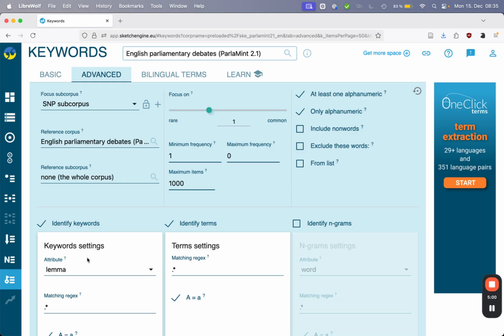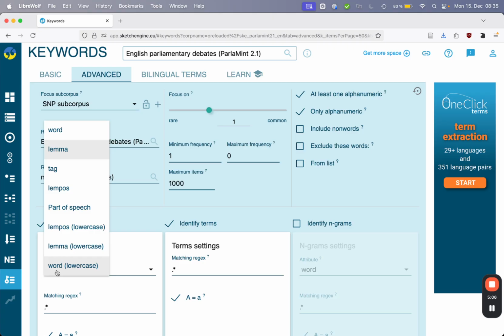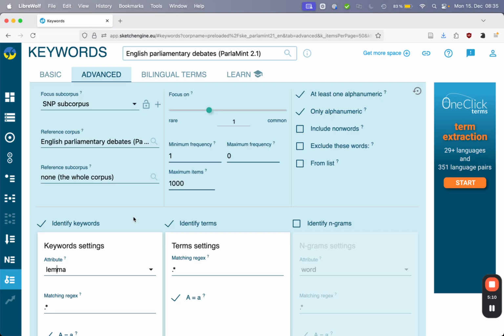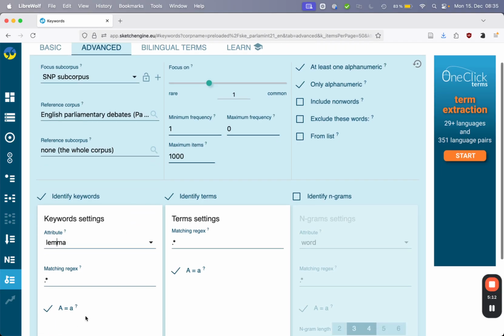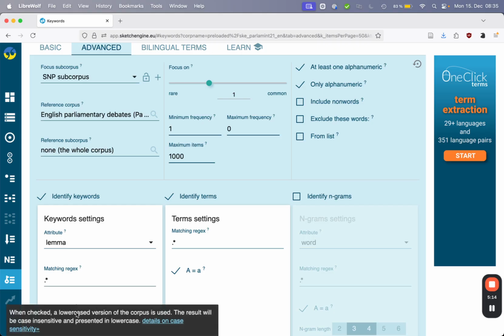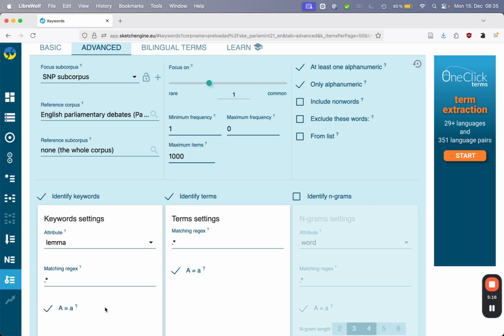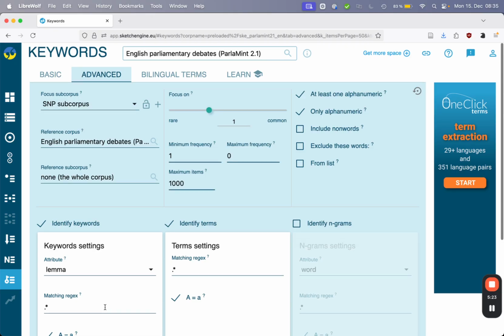The keyword setting, I'm taking lemmas. That means that I'm actually looking for key lemmas rather than key word forms, but there are different options available. I'm going to stick to lemma, and my search is going to be case insensitive. That means that capitalization is not going to be taken into consideration when computing the key lemmas.